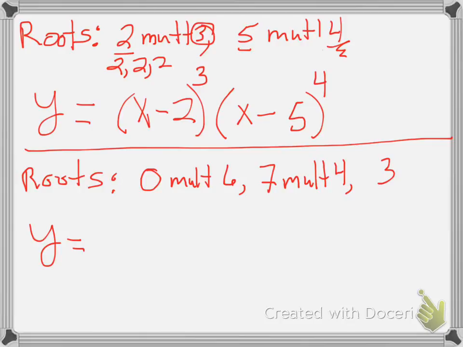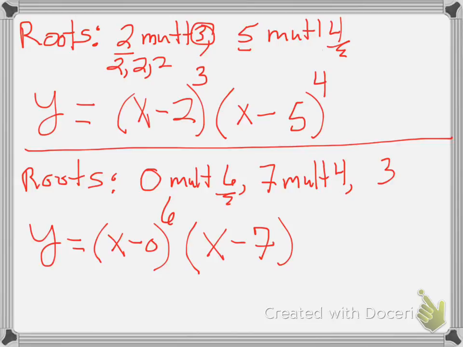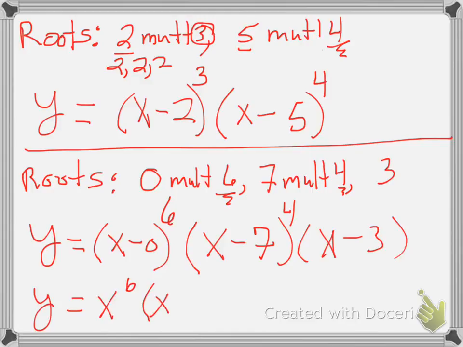So y would equal, well, x minus 0, multiplicity of 6, so that's raised to the 6th power. X minus 7, multiplicity of 4, so that's raised to the 4th power. And x minus 3. And well, we could rewrite this just as x to the 6th power, x minus 7 to the 4th power, and x minus 3.